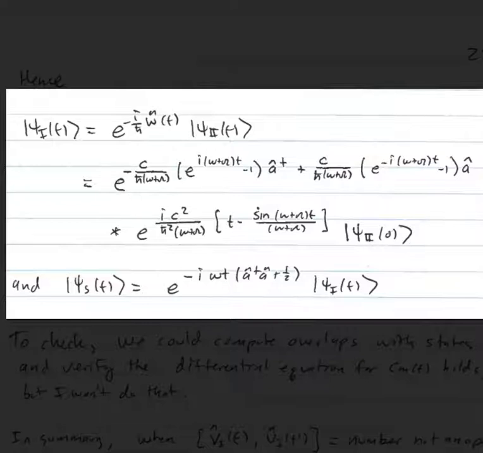Then we multiply it by this function, i c²/ħ²(ω+Ω) times t minus sine((ω+Ω)t) over (ω+Ω), multiplied by psi 2 of 0.